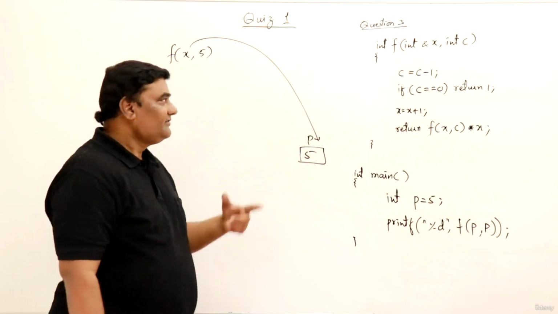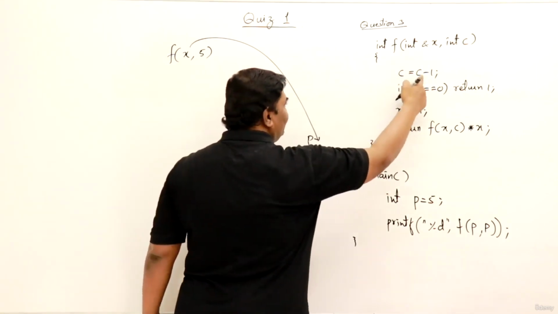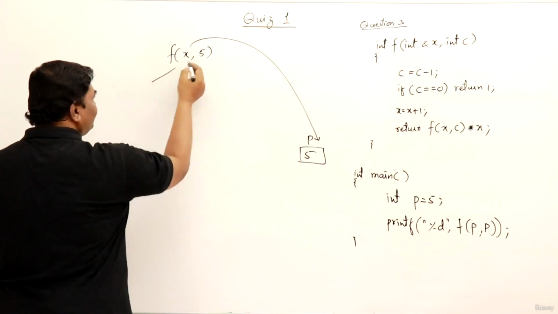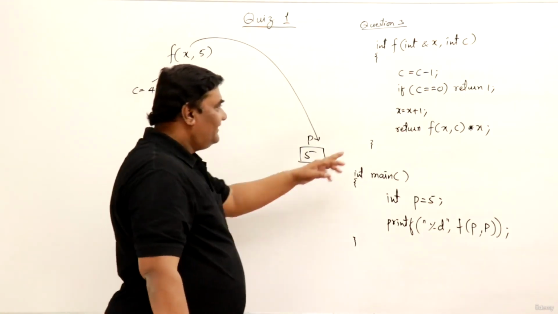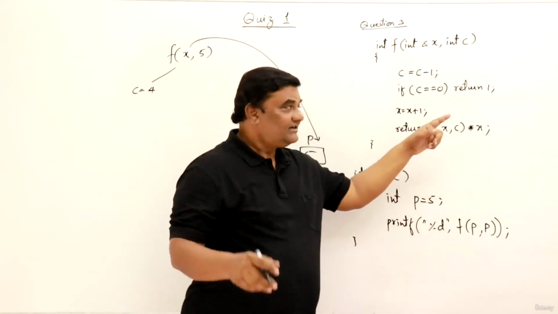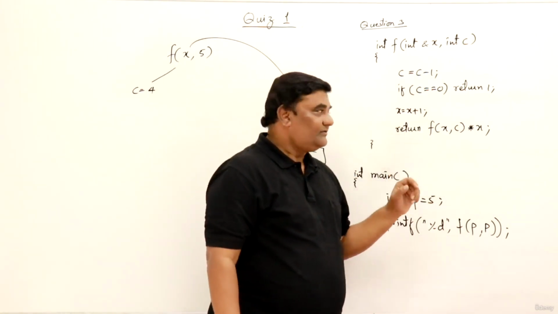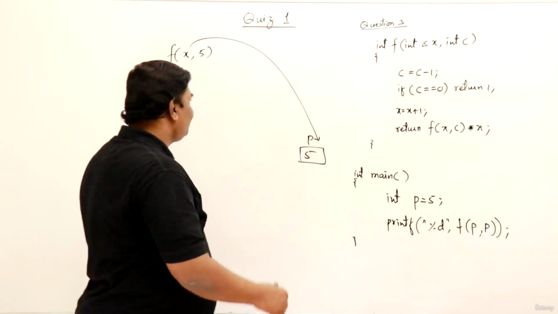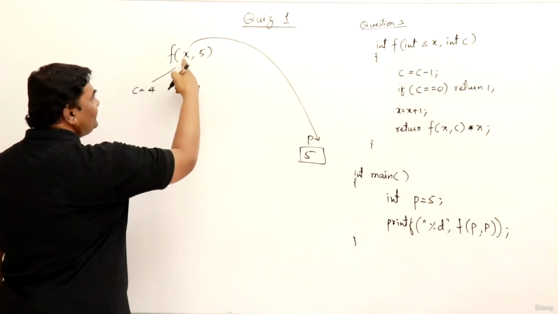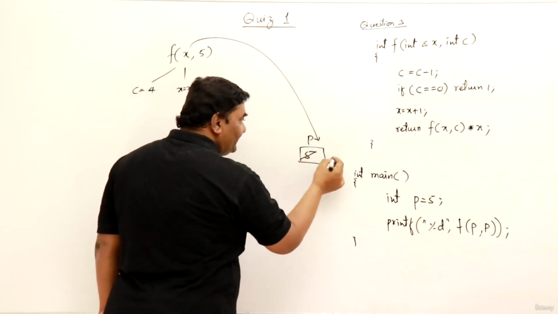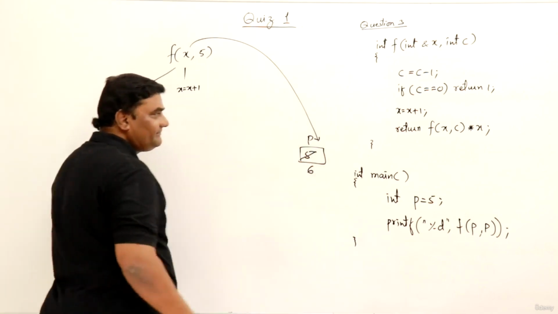Now let us trace it. First step, c assign c minus 1. So what does c become? c was 5, right? Minus 1 means c becomes 4. If c is equal to 0, no, otherwise it should return 1. It's not 0. Then x assign x plus 1. So x assign x plus 1 means x will increment. So what is x? This one. So this should increment and it should become 6.